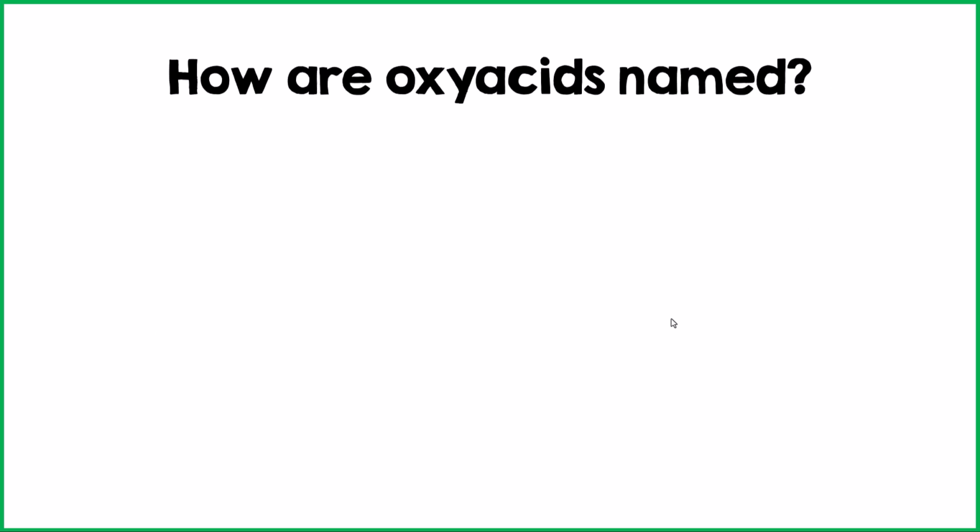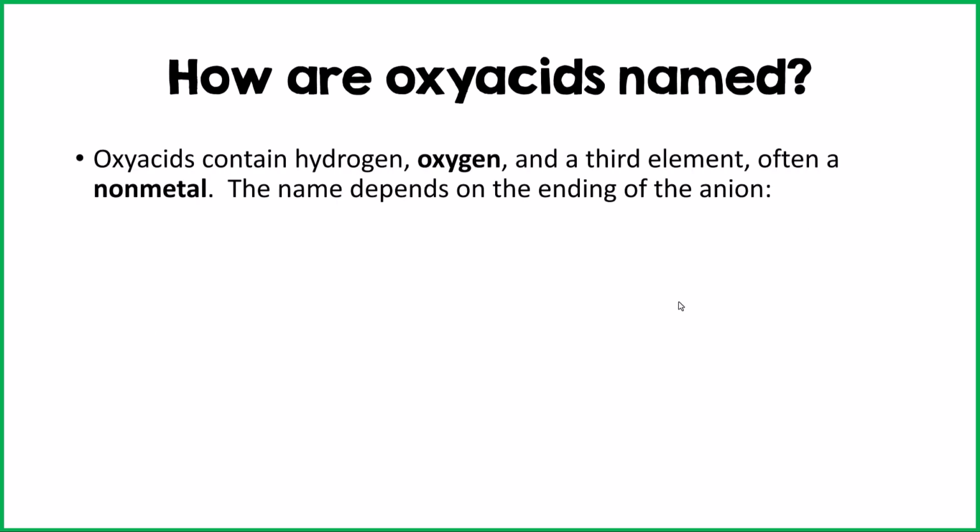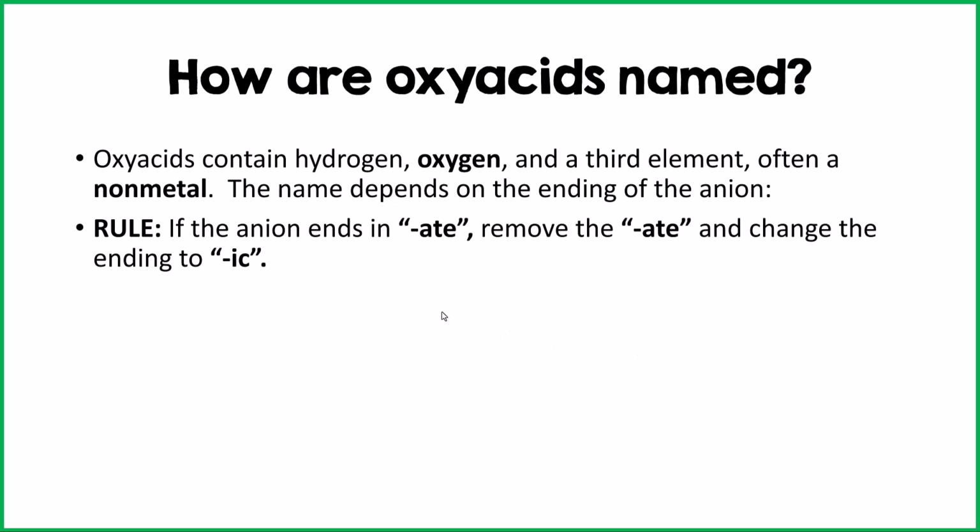There are also oxyacids, which are acids that have oxygen in them. So oxyacids contain hydrogen, oxygen, and a third element, often a nonmetal. The name depends on the ending of the anion, which remember is the second portion of the compound. Rule: if the anion ends in ate, you remove the ate and change the ending to ic.